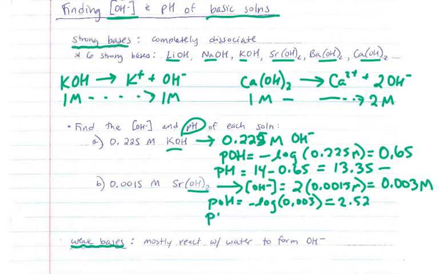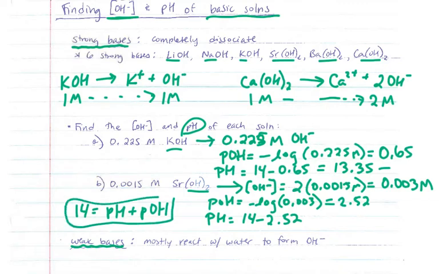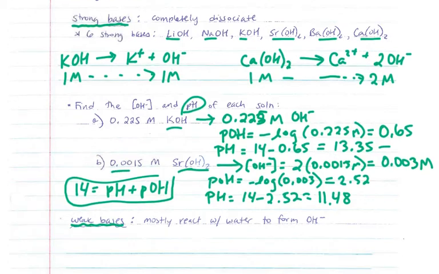And so the pH is 14 minus 2.52, because the pH plus the pOH equals 14. That's a formula. And so the pH of this one is 11.48. Still basic, which we expect for a strong base solution, even a dilute one. All right, so those are strong bases.